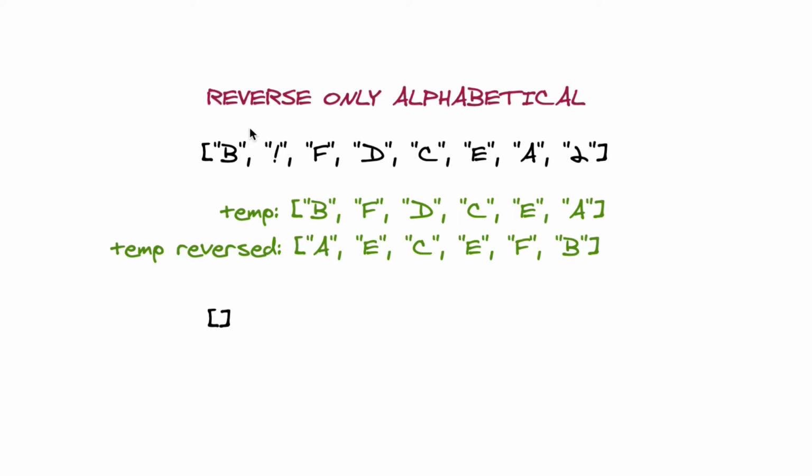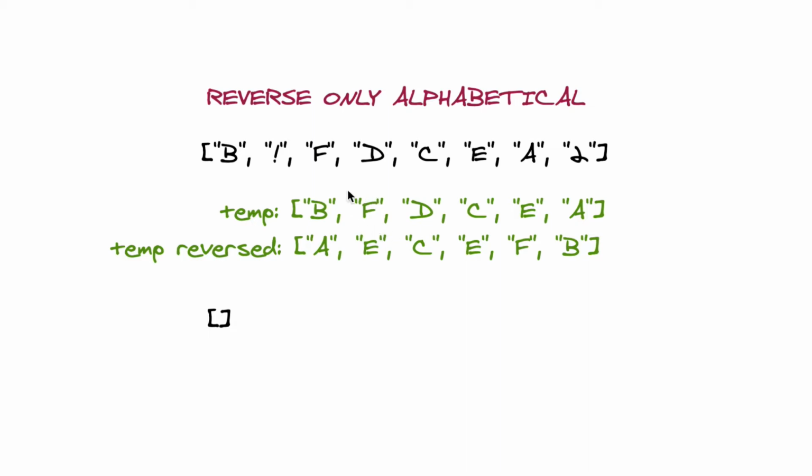In order to distinguish the alphabetical letters, why don't we explicitly make it clear that they're alphabetical by storing them separately? This is the brute force approach. In a temporary array, as we iterate through the original array, we can push each alphabetical letter into the temporary array. So we push B, we skip the exclamation point, we move on to F, push D, C, E, A, get pushed, and we skip 2.